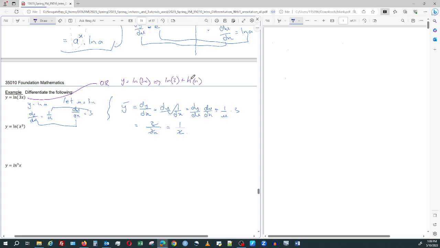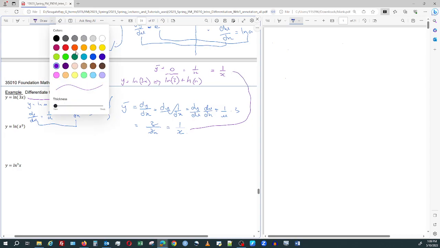So the ln of 3 is a constant, so that becomes 0. And then the ln of x is 1 over x. So the total is 1 over x, which is the same. Okay, so that's just an alternative way. Sometimes it's convenient to introduce the log laws.